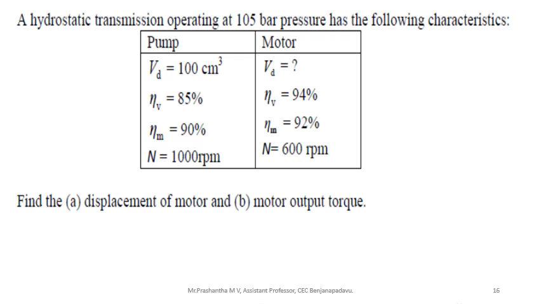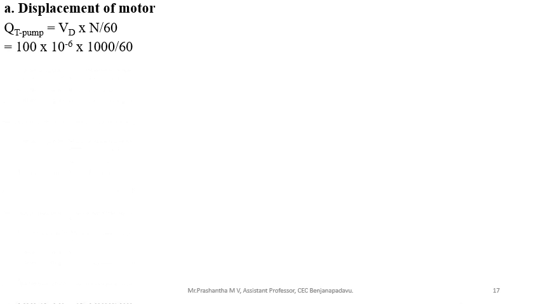Now we will move on to the solution part. Here the first one is the displacement of motor. In the question, it is about both pump and motor. First we will find out the pump case. Theoretical discharge for pump equals volumetric displacement into speed dividing by 60.